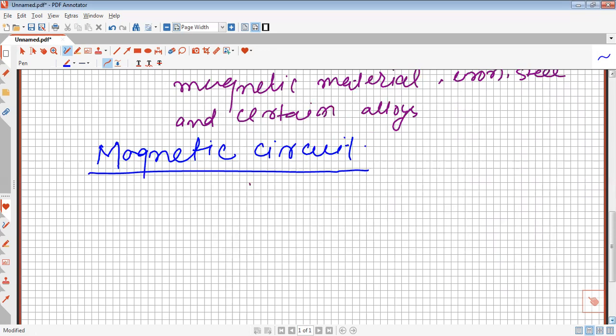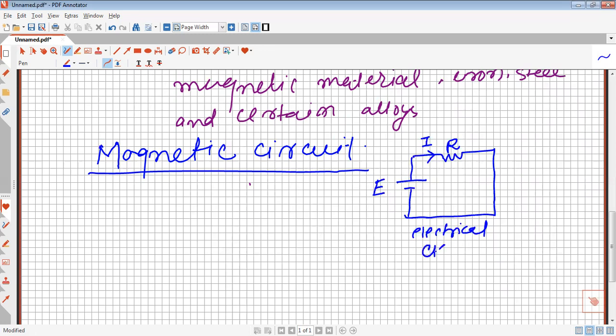In a magnetic circuit, here I'm just giving some comparison. So this is our electrical circuit. Here EMF, electromotive force, is applied, and here a resistance is given and current is flowing. This is called our electrical circuit.